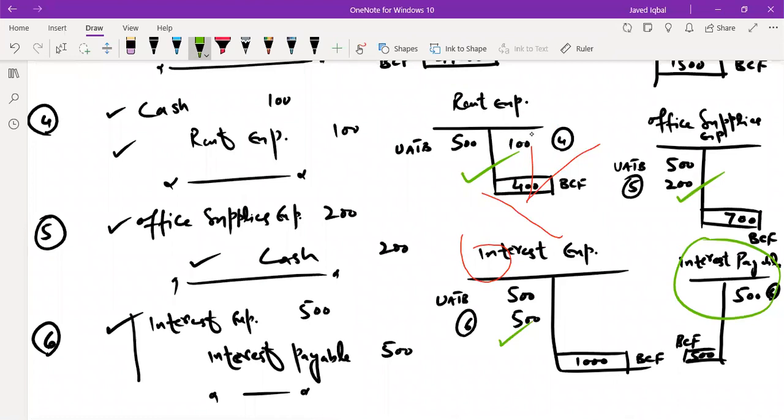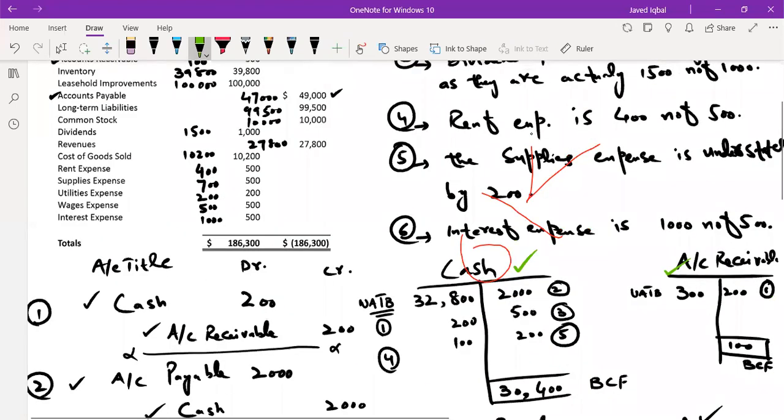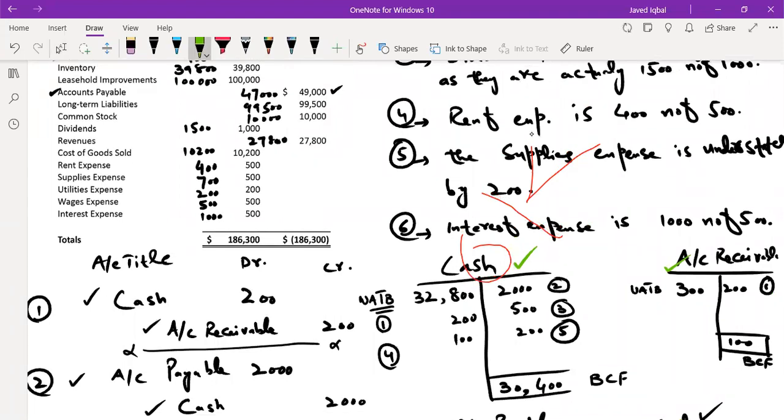So this is a new head which needs to be added. So we'll be writing here interest payable, since it's a new account. Interest payable is now 500 on the credit side. So now we are writing the credit side here for this adjusted one.